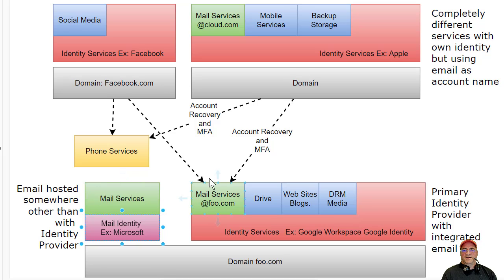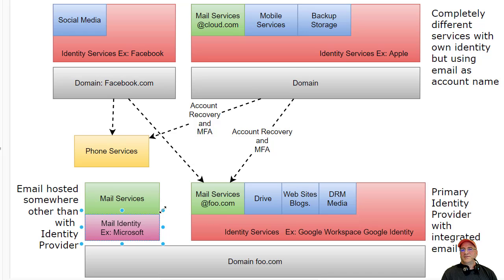All the MFA requests would be sent to Outlook.com, and I would log in with my Microsoft account, even though it was still joe@foo.com. So I'm joe@foo.com at all four of these providers, but they all have their own identity, and so I end up needing four different passwords. The only thing that links them together is my email address for recovery, and that's it.